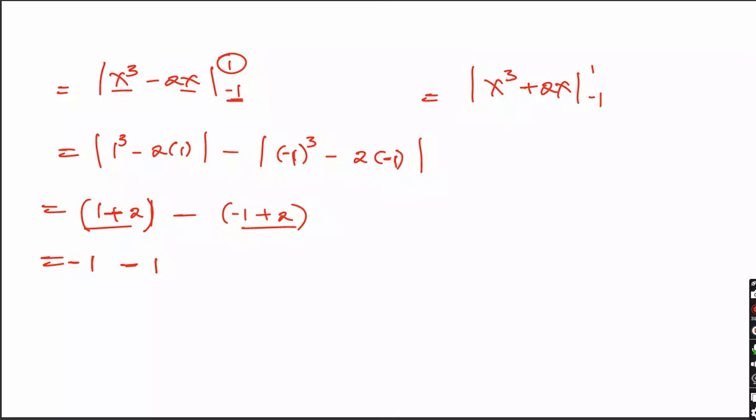So we can just replace the values. If we put 1 here, we start with 1 to the power 3, which is just 1. Then 2 here, we put 1, you're going to have positive 2. Then we subtract the one with the negative. Putting a negative there, we're going to have negative 1, then negative 2, because negative multiplied by 2 is negative 2.